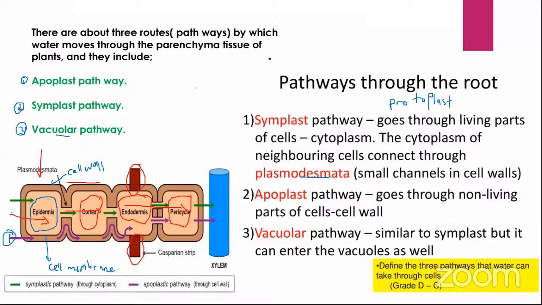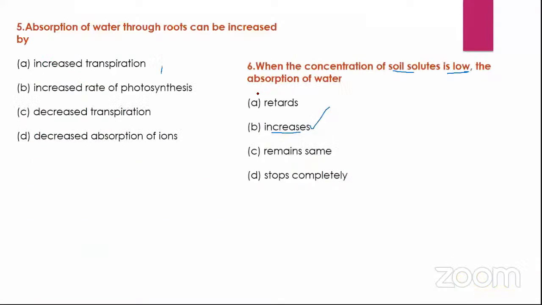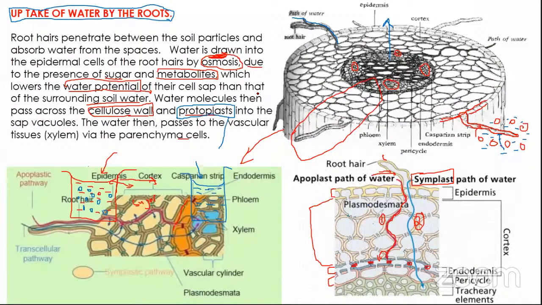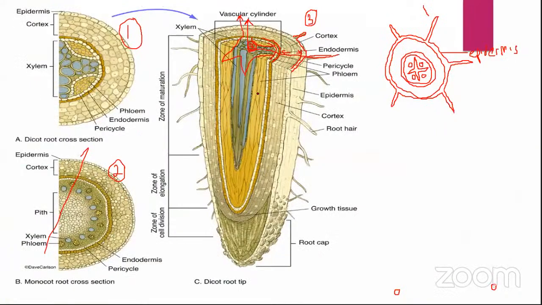Maybe for now you don't have any comment, so let me give you a summary of what we have just looked at. For today's lesson, we have looked at the tissue plan of the transverse section of the dicot, and we have seen the anatomy of how water is taken up.